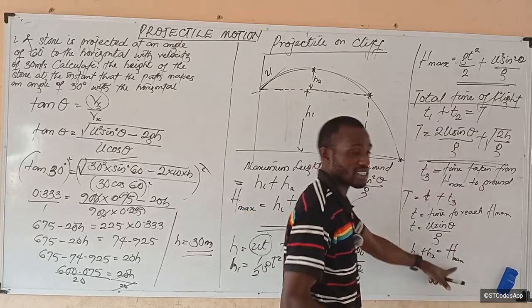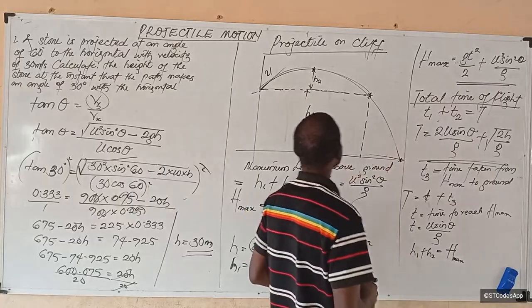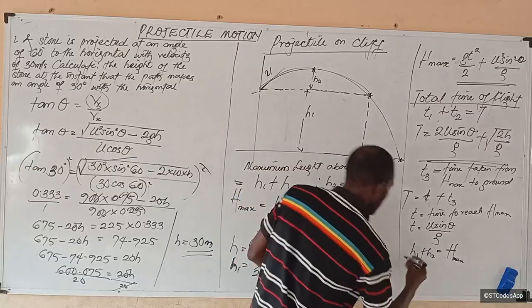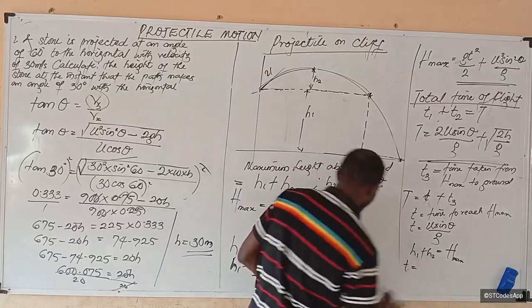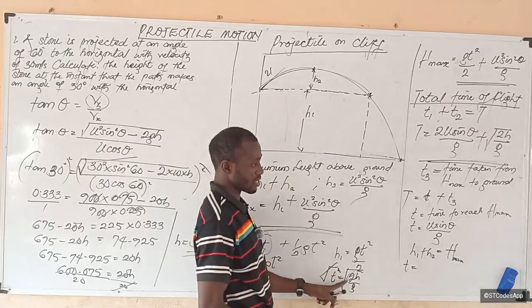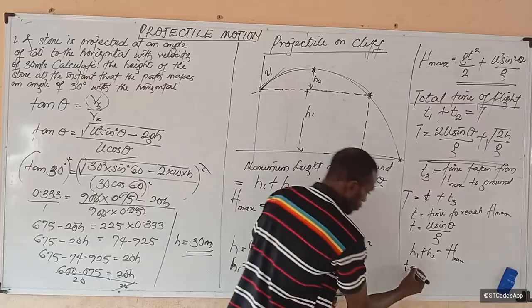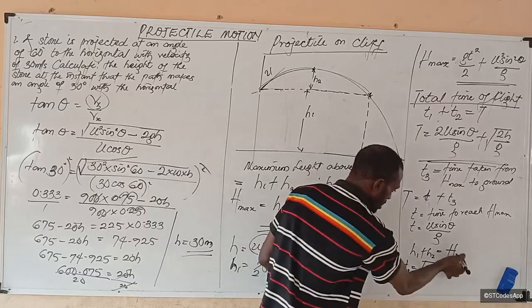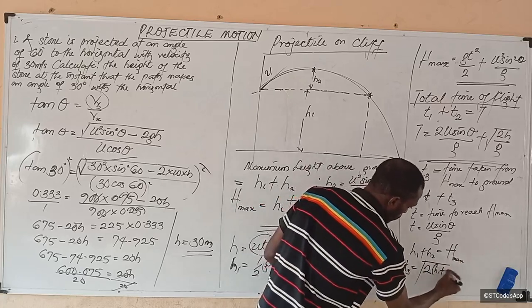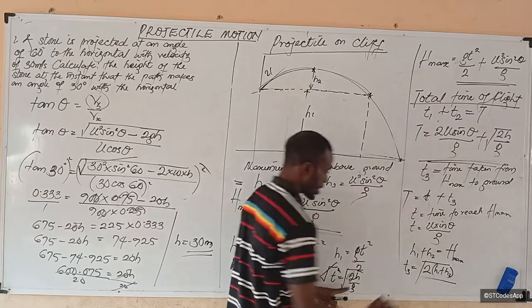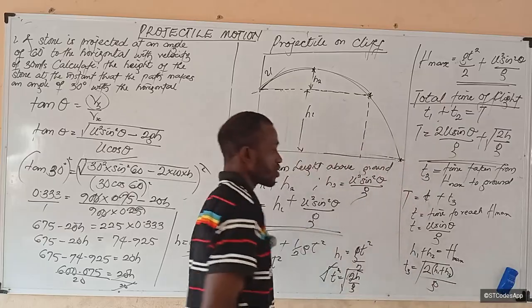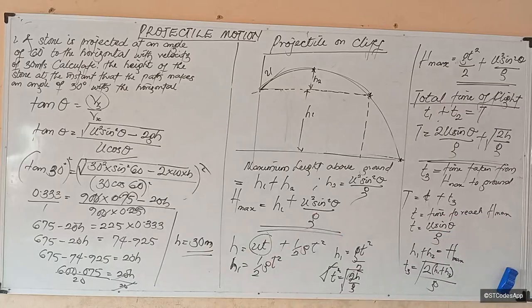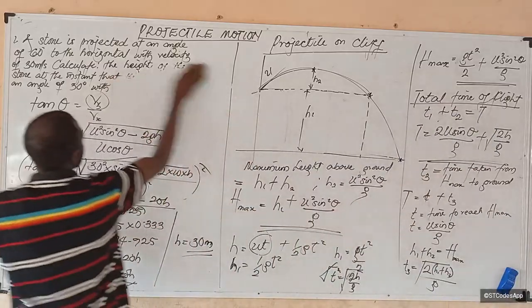So if our h max is h1 plus h2, because it's going from here to here, then recall that time is equal to the square root of 2h over g. So t3 will be the square root of 2 h max, which is h1 plus h2, over g. So depending on what you are given, you can solve the question either way.